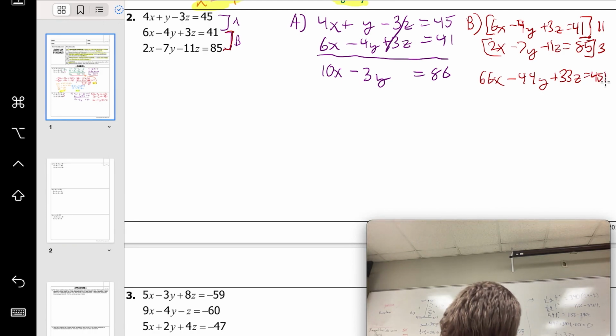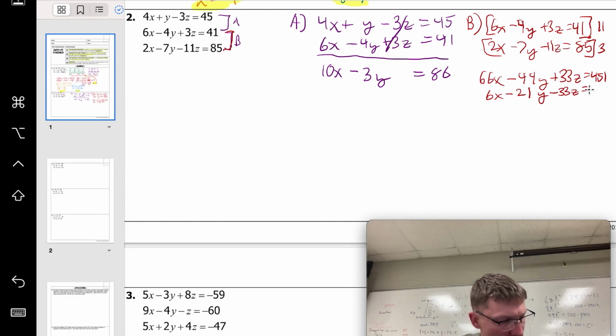So then our bottom equation is going to be 6x minus 21y minus 33z equals whatever 85 times 3 is. That is 255.